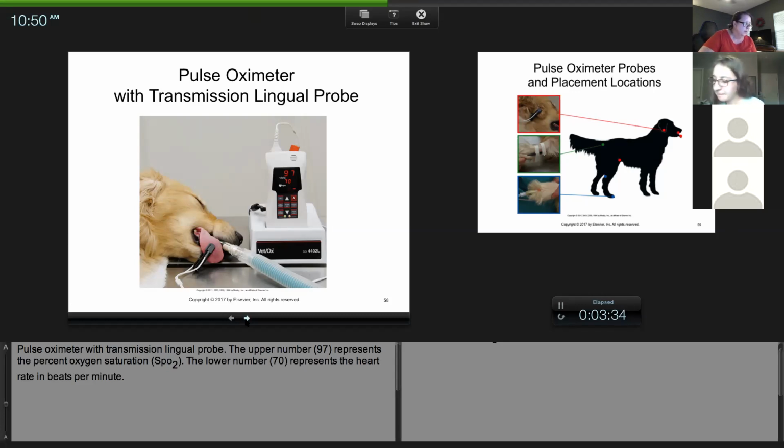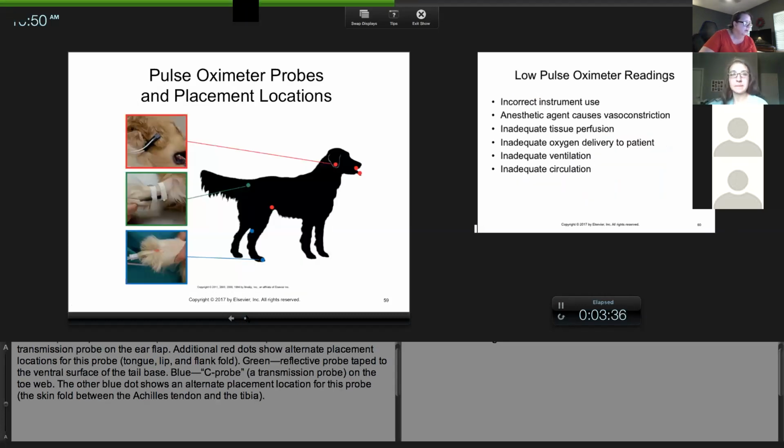Now, here are some of our other creative measurements. See here, we have it on the pinna, but I'm going to tell you, you're not going to get a good reading if you have the light side on the outside of the pinna through the fur. You want the light shining through the inner pinna. And then here they've used that reflective probe.